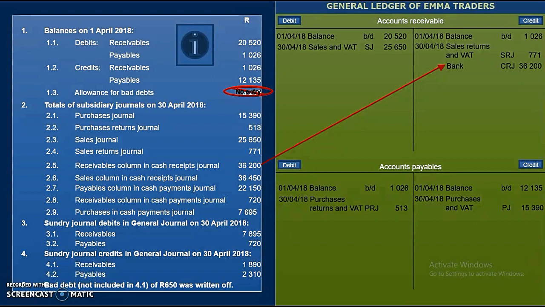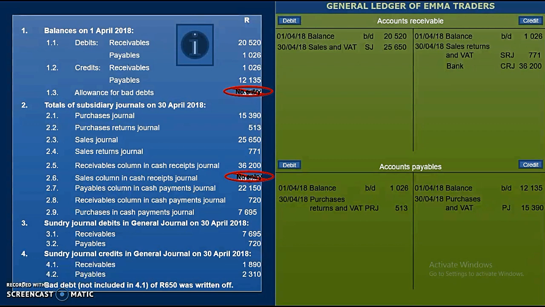The sales column in the cash receipts journal would represent all cash sales. Cash sales should not be recorded in accounts receivable, only credit sales. So credit sales we record in the sales journal. Cash sales we record in the cash receipts journal. There is no entry in accounts receivable for cash sales.